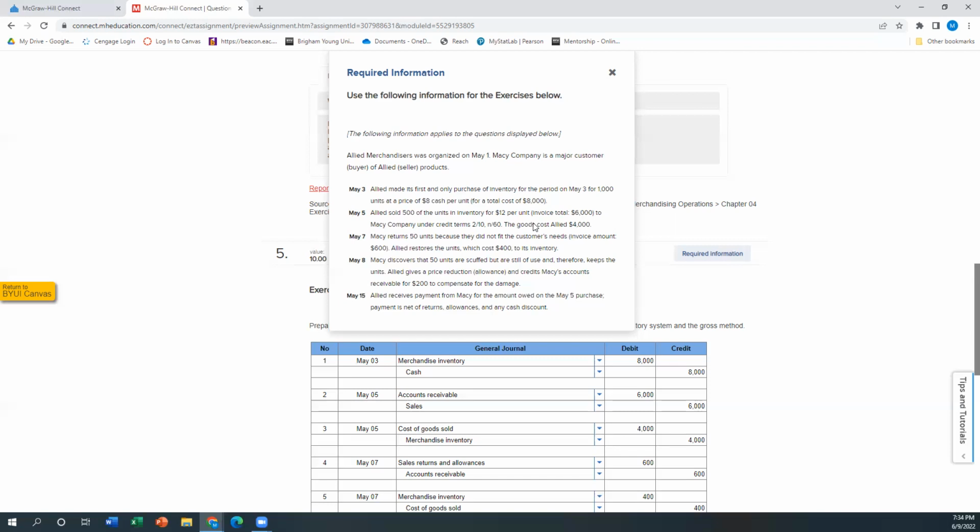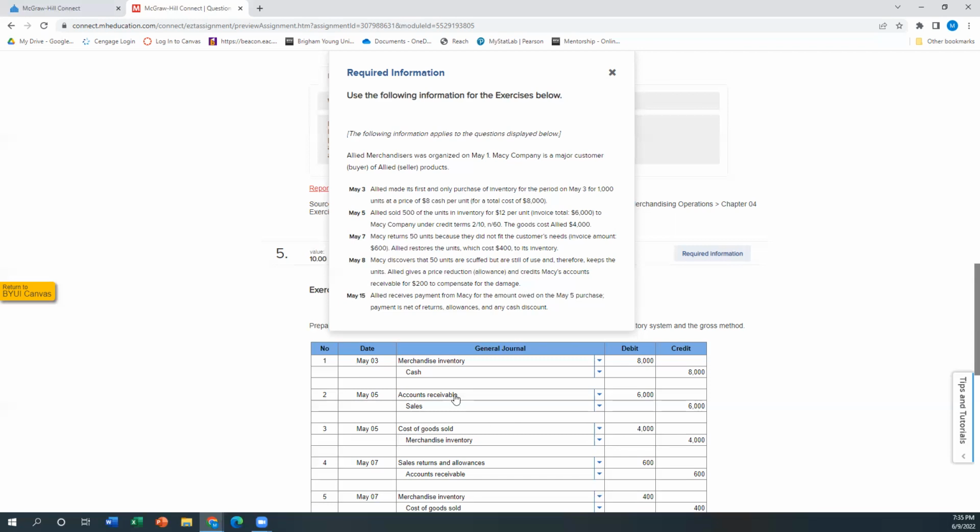Typically, it's not required, but you enter the retail transaction first, meaning the sale to the customer and the money you're bringing in from that sale. So here we're going to debit accounts receivable, because we have these payment terms, which means it's a credit sale and they're not paying us cash.